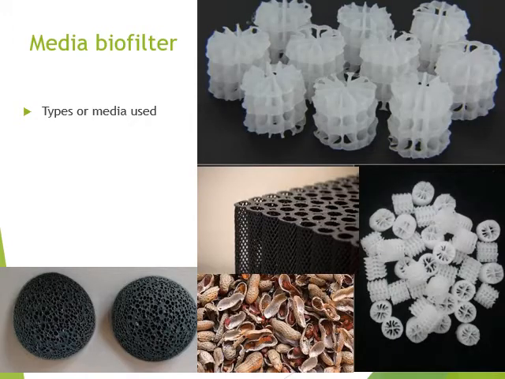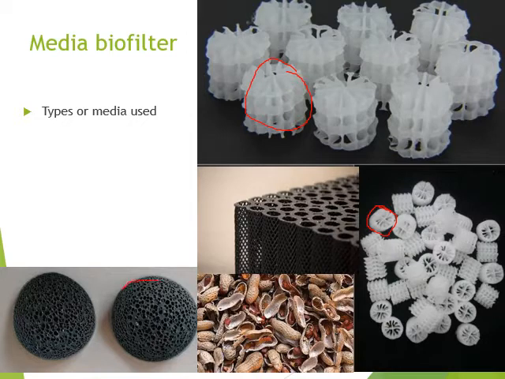Here's a closer picture of some of the systems that are out there. These are complex three-dimensional screens that are dumped into the bins. Then there's plastic, any kind of design you want to come up with. Basically, the common theme is they have lots of surface area. And then there's peanut shells I talked about with media, although this would be more based in a biofilter context.